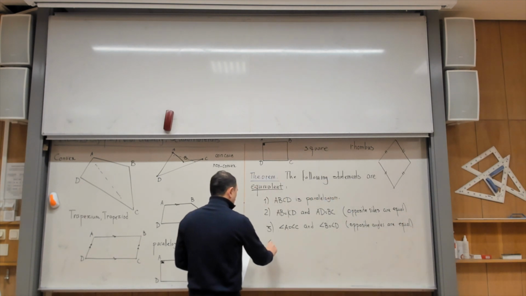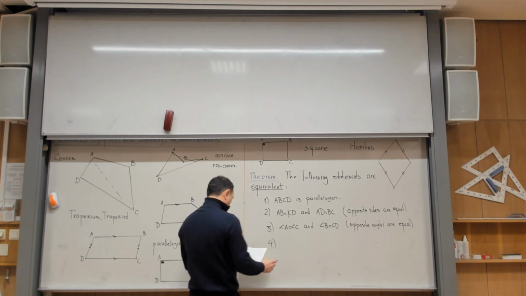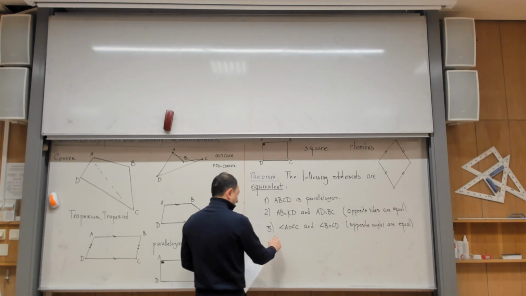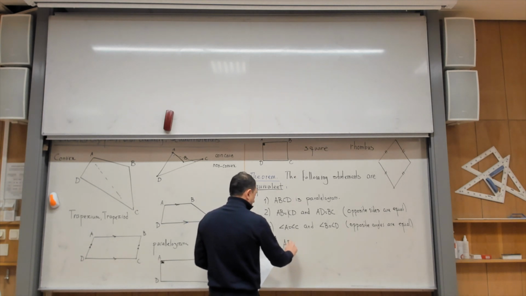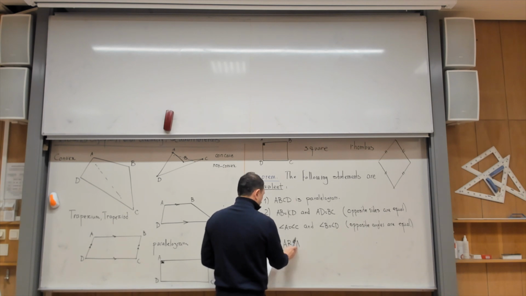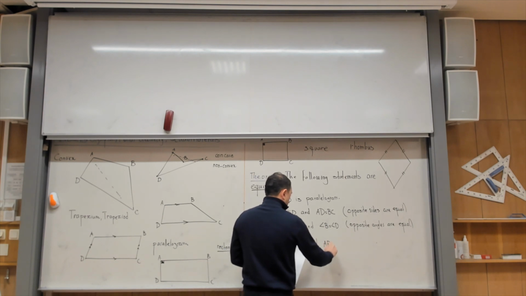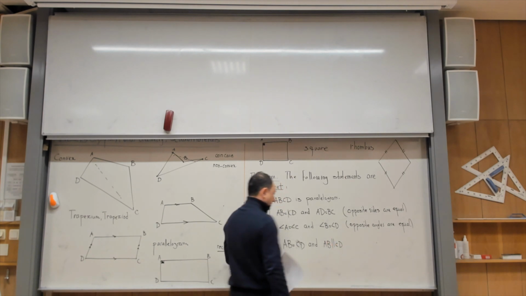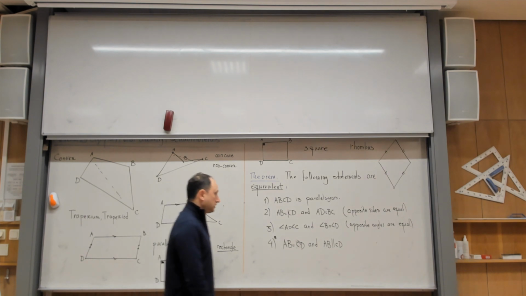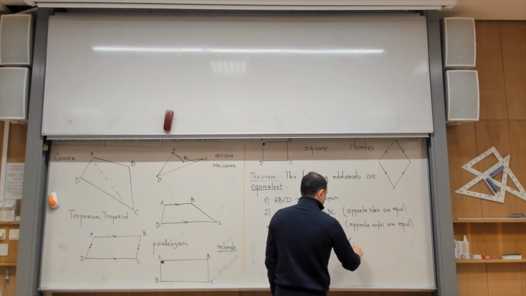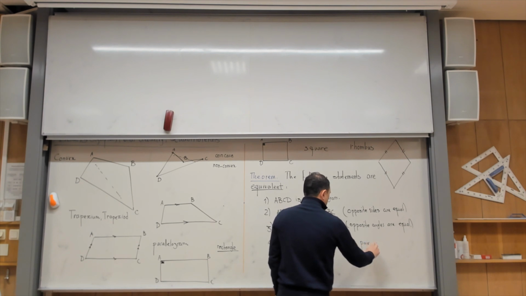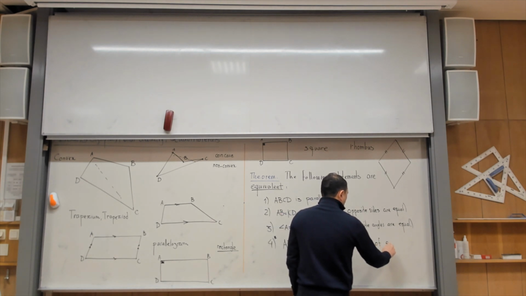And number four, this is important. AB is equal to CD and parallel to it. A pair of equal and parallel.